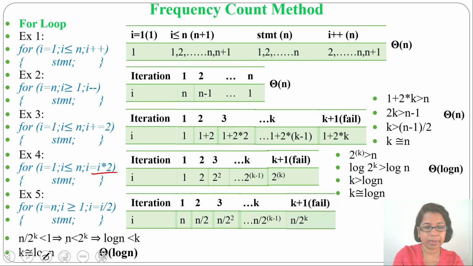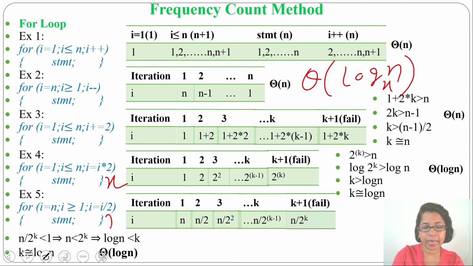Whether it is multiplying by 2 or dividing by 2, running time will be theta of log n base 2. If it is multiplied by 3, it will be theta of log n base 3. If it is divided by 3, running time will be theta of log n base 3. If it is multiplying by x, running time will be theta of log n base x.